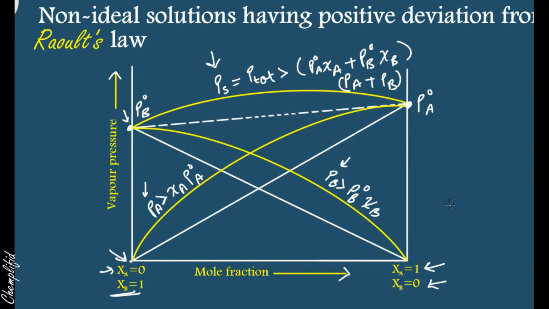But in our first case, we are having positive deviation. It means when we mix the two liquids, the solution shows positive deviation, that is elevated value of both vapor pressure as well as mole fraction. Now why this is happening, we will talk about this.